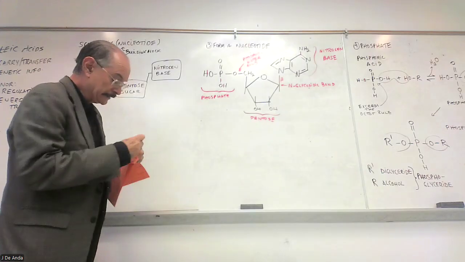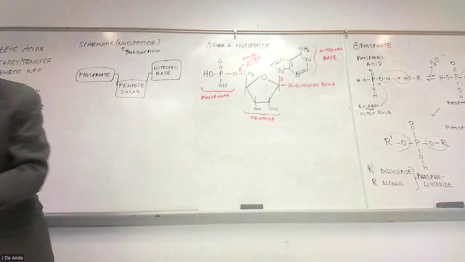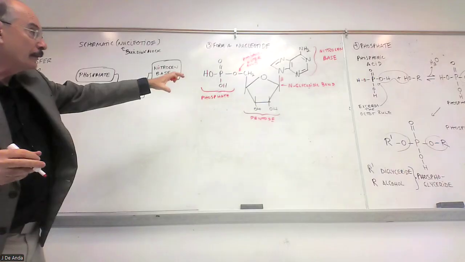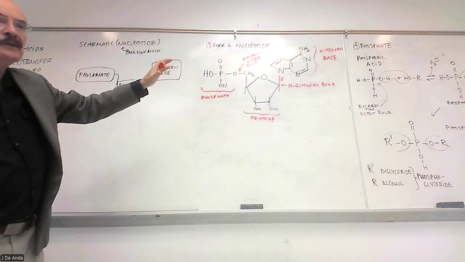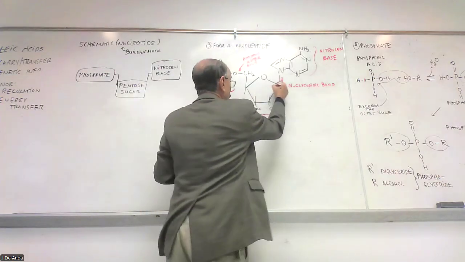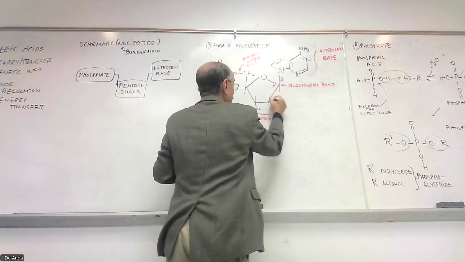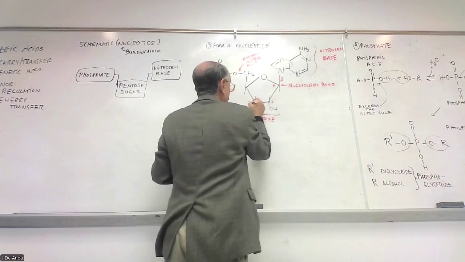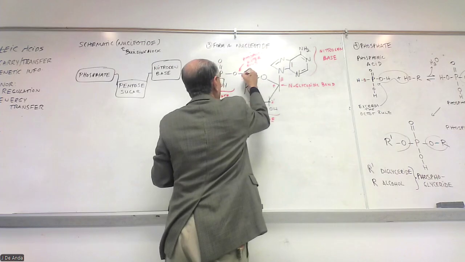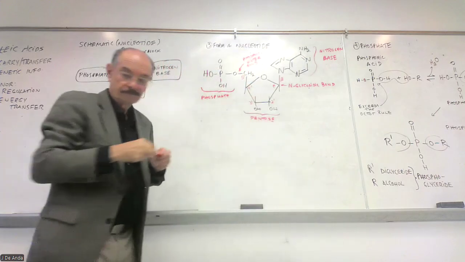And again, in terms of numbering the positions in the whole thing, what I'm interested you remember is the positions on the sugar itself. Remember, we're going to call this guy 1 prime, 2 prime, 3 prime, 4 prime, and 5 prime.